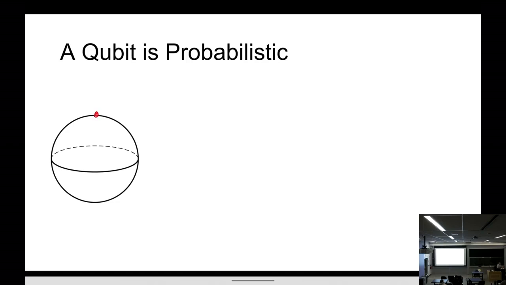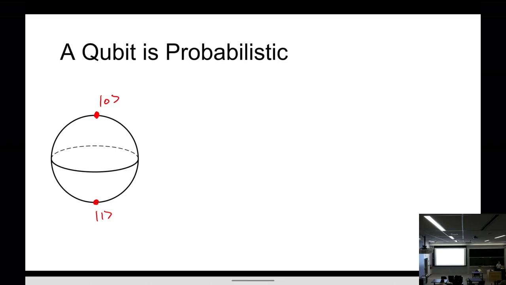The north pole is usually referred to as 0, and the south pole is usually referred to as 1. And these kets that I've drawn just represent those quantum states. And the important point about a qubit versus a classical bit is that it can be in a state other than 0 or 1.